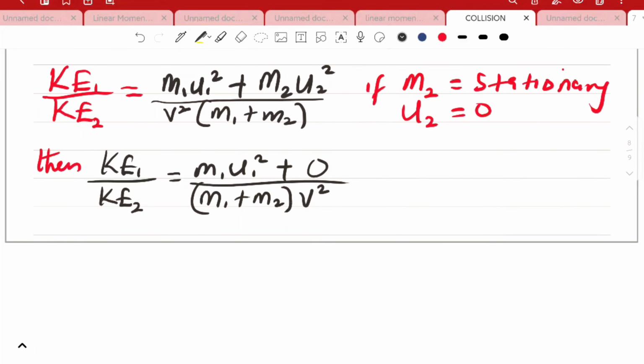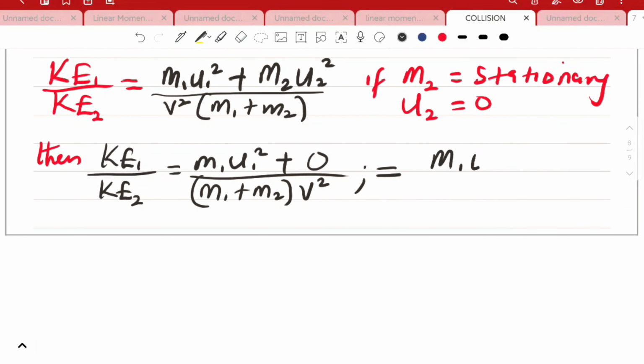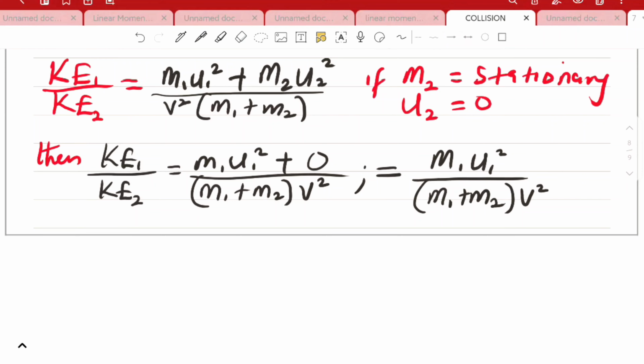So finally, what we'll be having left will become what? KE1 over KE2 will become m1 u1 squared, all divided by (m1 plus m2) multiplied by v squared. Is that clear? This gives us our final equation.